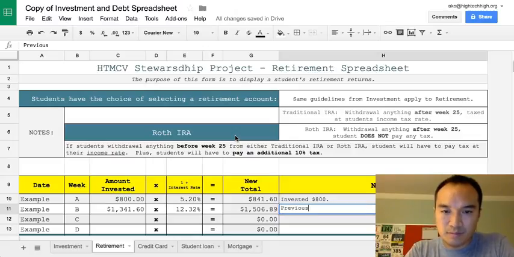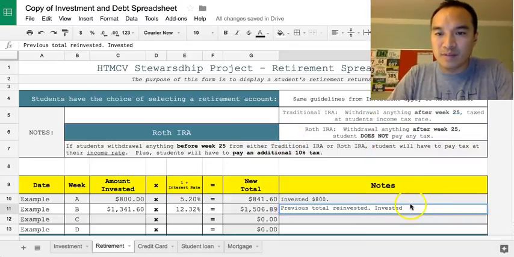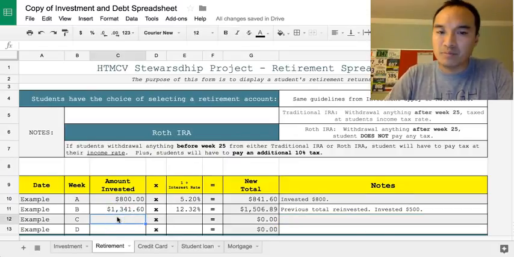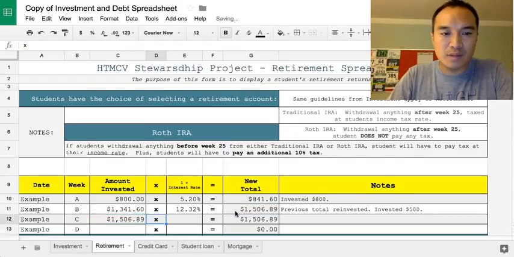Previous total reinvested, and invested $500. Cool. And here we go. Same thing.